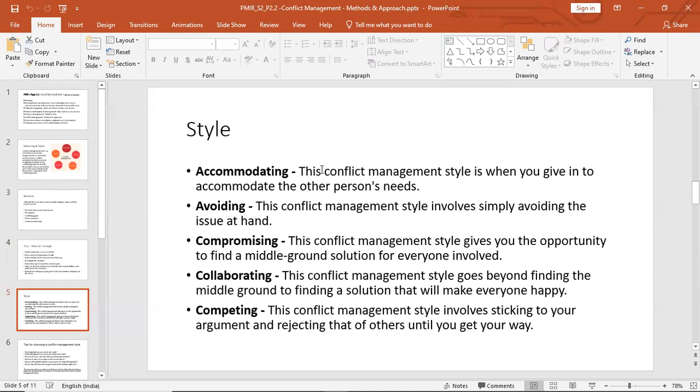If you want to avoid, if you want to accommodate, different organization has different styles, and based on the approach, based on the weightage of conflict, so you will decide the approach.